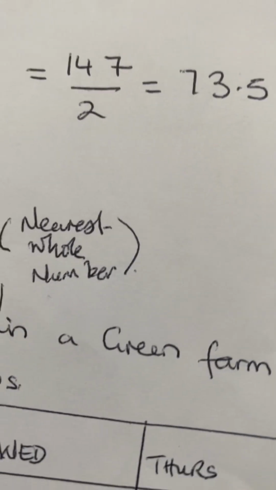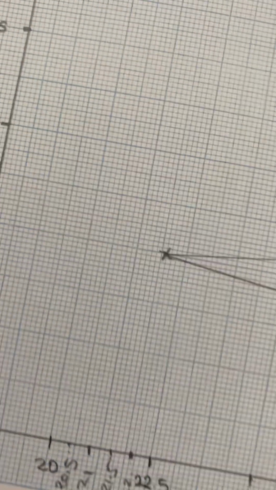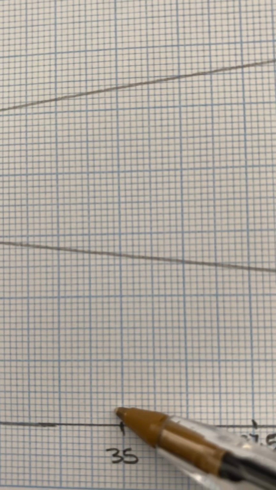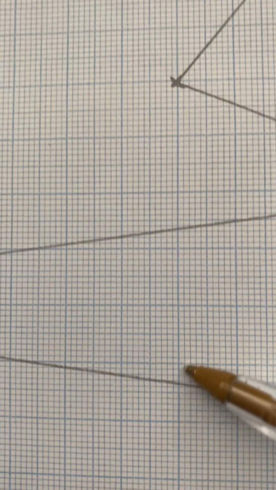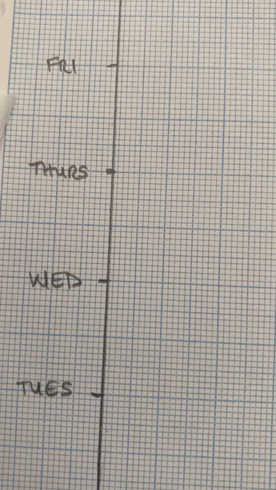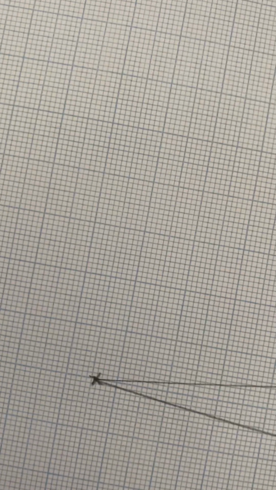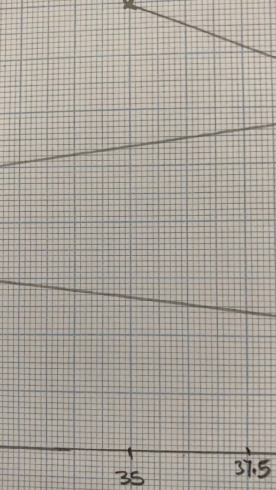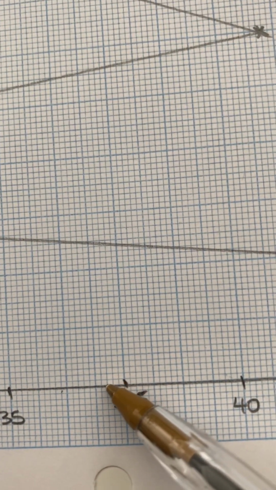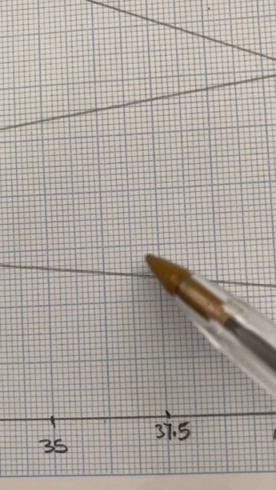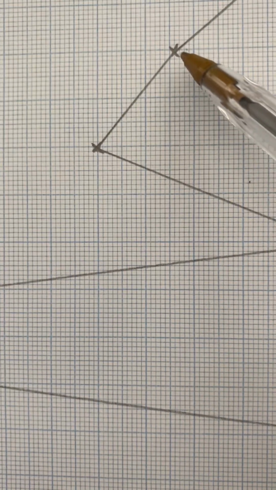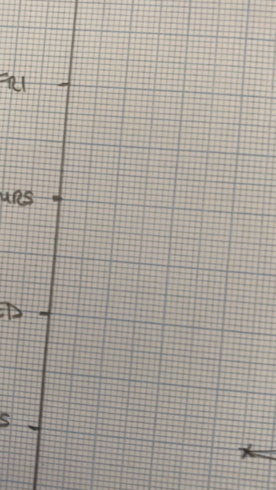On Thursday, 35. So 35 is easy to plot. So Thursday, we go up, look for Thursday, and that will be our Thursday. Friday, 37. So Friday 37, we need to take 4 boxes off all the way up there. That is our Friday.